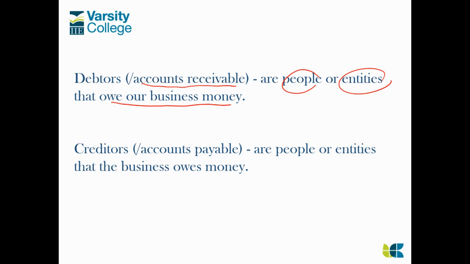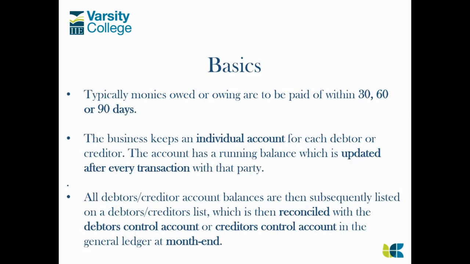Then creditors are the exact opposite. These are people or entities that the business owes money to. Once again in American accounting speak, this is accounts payable. I think you might have come across these terms if you had accounting before.